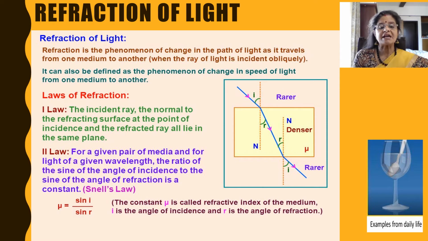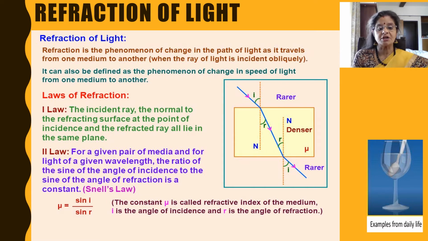The first law says that the incident ray, the normal to the refracting surface at the point of incidence, and the refracted ray all lie in the same plane. The second law states that for a given pair of media and for light of a given wavelength, the ratio of the sine of the angle of incidence to the sine of angle of refraction is a constant.